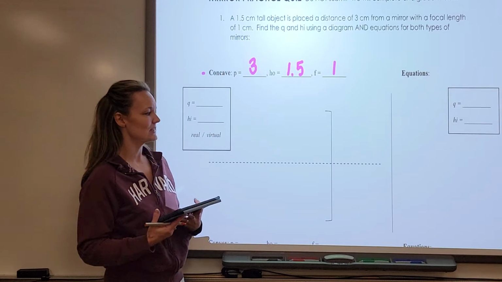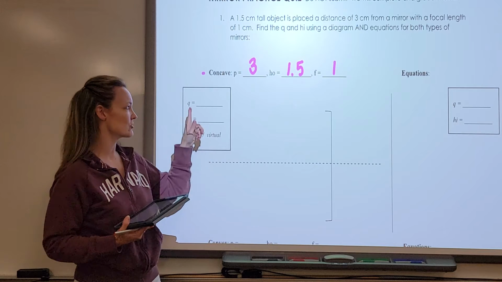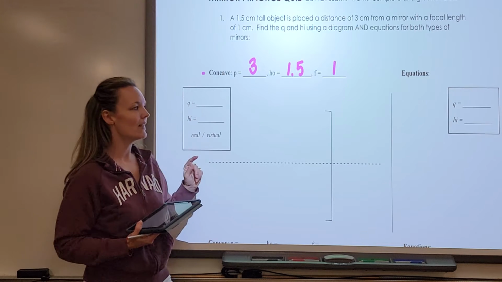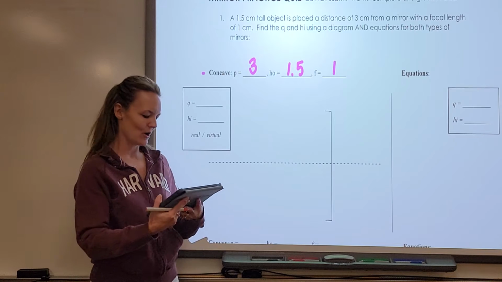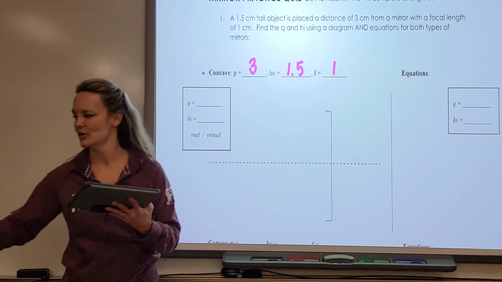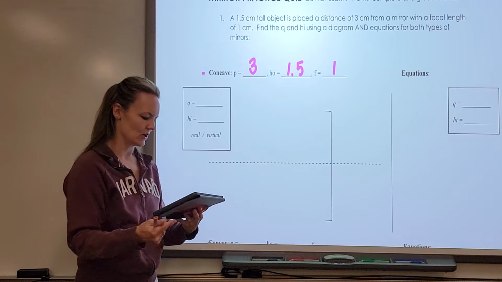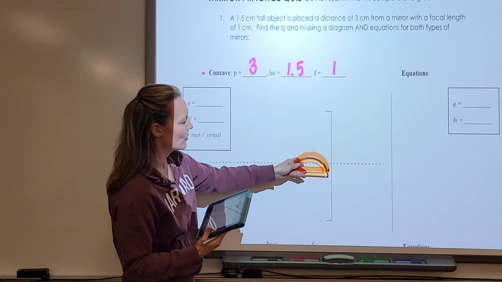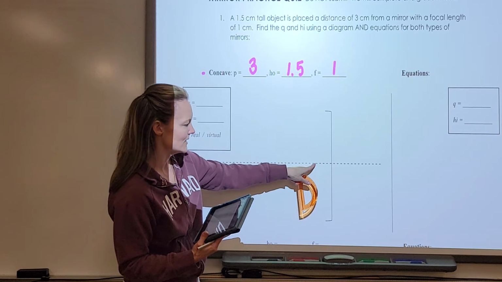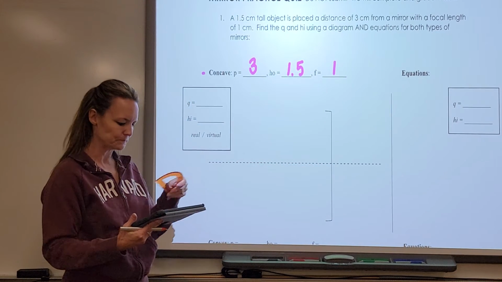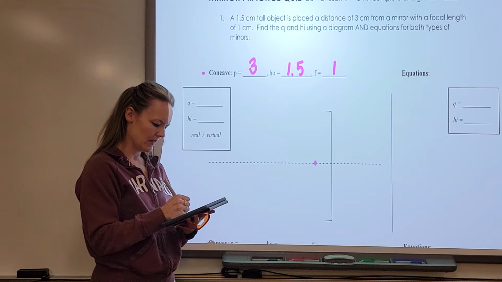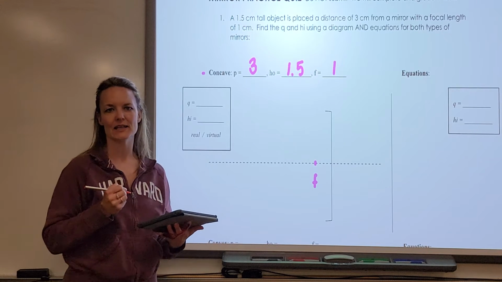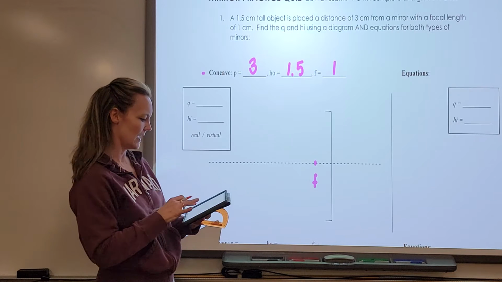Okay, you are going to solve it 2 ways. You're going to measure Q and HI, and then you're going to solve for Q and HI using your equations. Okay, so first thing you have to do, take your protractor. You've got to get a focal point measured out 1 centimeter in front of the mirror. So as I measure mine out here, that is going to be my F, and it is to the left in front of the mirror for concave.